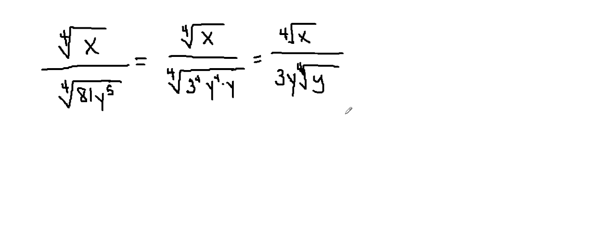Okie doke. So what have I got left? Oh, I have nothing left because I still have to rationalize the denominator. All we did thus far is simplify it. So right now I want to multiply the top and bottom by just the radical sign and what's underneath it. I'm going to multiply top and bottom by the square root of y.